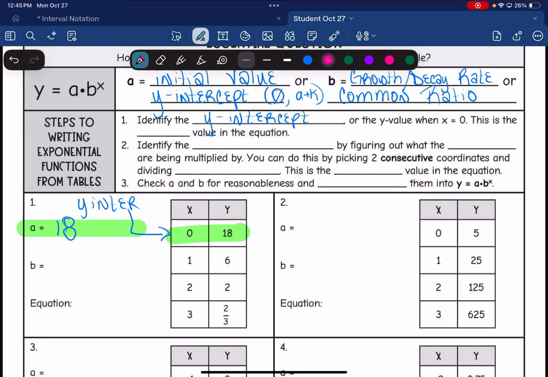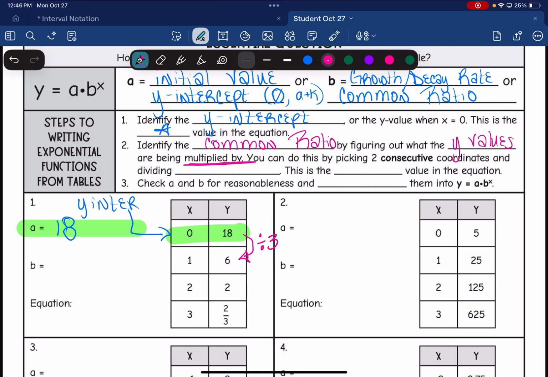To find my common ratio, I need to determine how 18 turned into 6 by looking at your y values. So how did we go from 18 to 6? Divided by 3. That's awesome, but we need to figure out what it's being multiplied by.